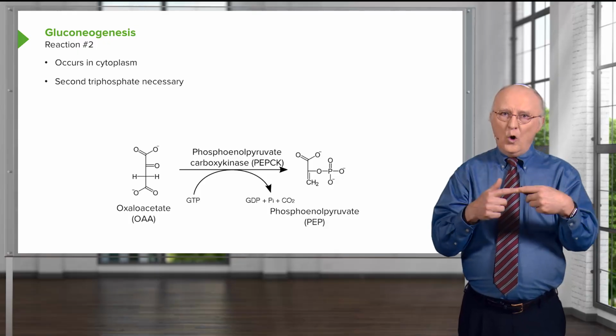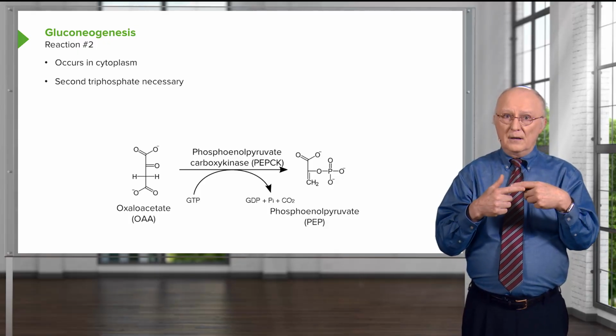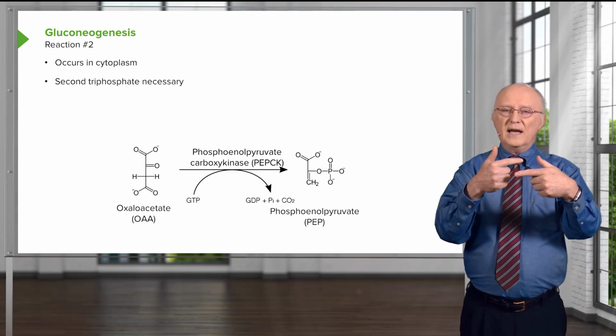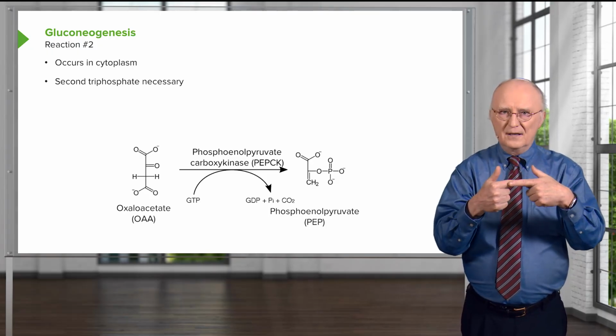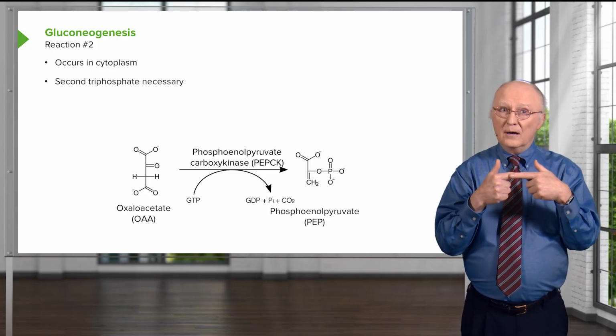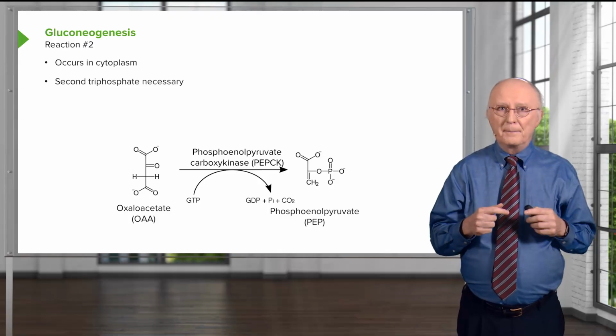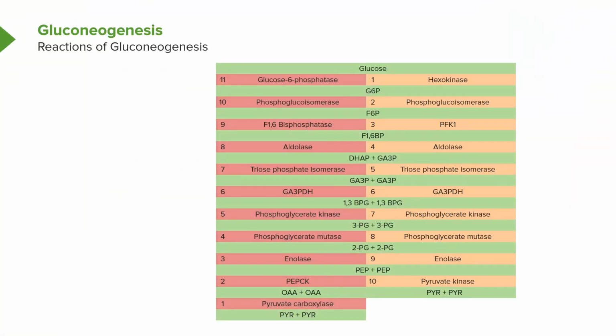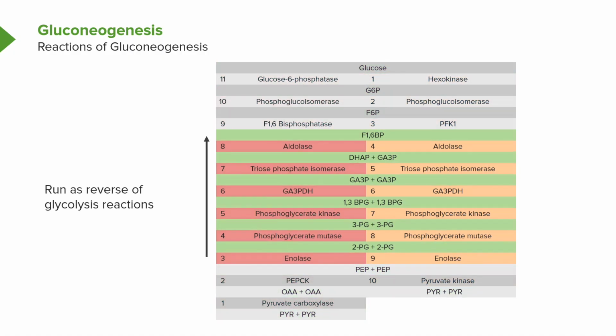So in essence, in going from pyruvate back to PEP, we had to use 2 triphosphates to make that happen. That big bang was pretty hard to overcome. We've just seen the 2-step that cells have to go through to go from pyruvate back to PEP. The next steps will actually be quite easy for students to learn. And the reason is because they're simply the reversal of the reactions that were catalyzed in the glycolysis pathway.